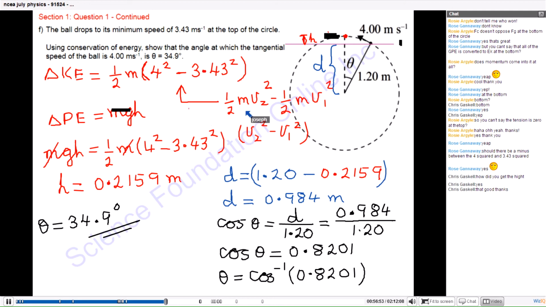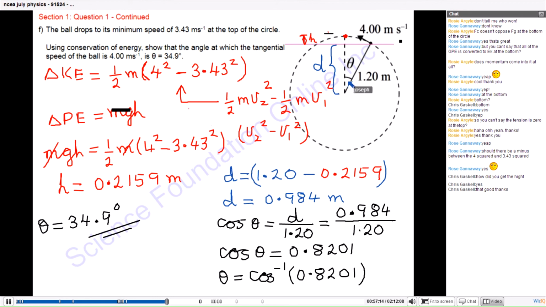And then of course, once I got the height difference h, we get this side of this triangle by subtracting that h from the radius, which is 1.2 meters. See, I got that side d of the triangle. Look at this, the side d of the triangle here. Here's our triangle.